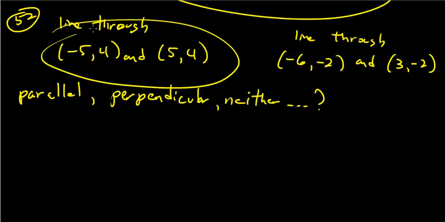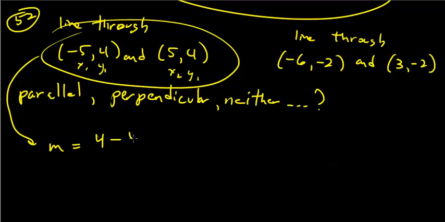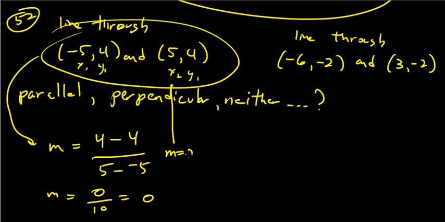Well, of course, I need to compare the slopes. What's the slope of this line? Well, again, if I claim this is x1, y1, and this is x2, y2, I'll take y2 minus y1 over x2 minus x1. So the slope of this line, well, 4 minus 4 is 0 over 10, and of course this turns into a slope of 0.